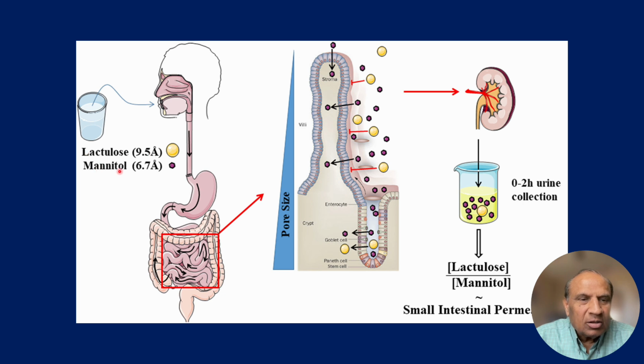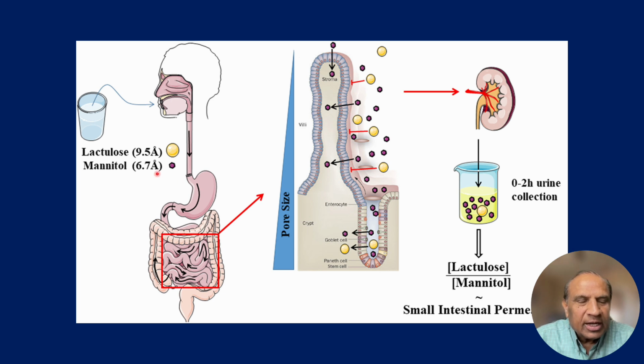One is mannitol, which is 6.7 Angstrom units, and lactulose, which is 9.5 Angstrom units. One Angstrom unit is 10 to the power minus 10 meter, or 0.1 of a nanometer. So it's a very small size. The size of the tight gap junction, so that's the gap between the two intestinal cells, is around 6 to 7 Angstrom units.